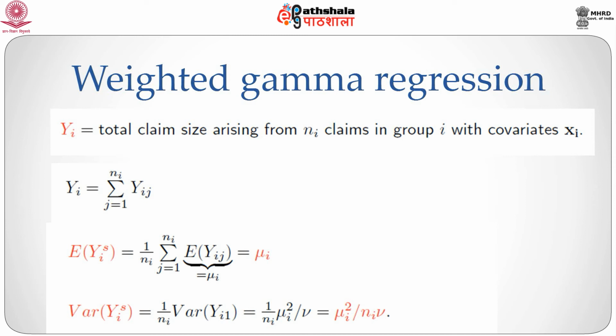Now, if yij's follow gamma(mu i, mu) independently, we know that this means expectation of yi star is equal to mu i, and variance of yi star is mu i squared by ni into mu.